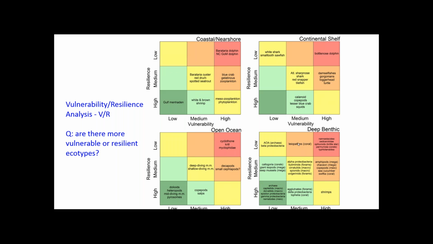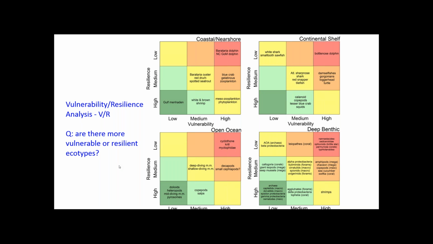And so one of the things that we did was, for all these ecotypes, array out the species in this vulnerability and resilience matrix. So for example, in the coastal nearshore, the animals with relatively low vulnerability and high resilience are things like menhaden, and those are contrasted with things like the Barataria Bay dolphins, which have high vulnerability and low resilience. And one of the take-home messages from all of this is that we thought that we might be able to use this kind of analysis to show that some ecotypes are more vulnerable and less resilient than others.